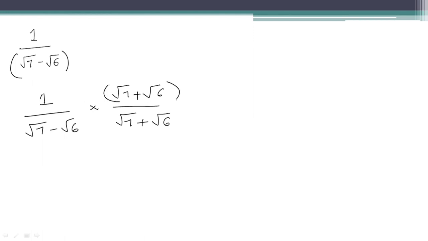Now 1 into root 7 plus root 6, that is root 7 plus root 6 only. If you multiply 1 with any number, we get that number only.